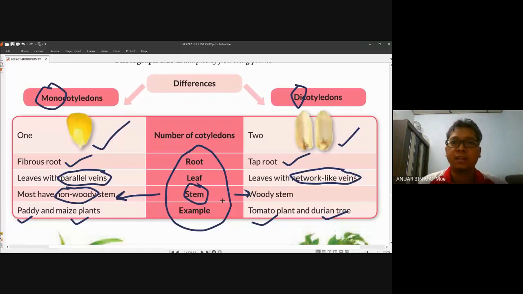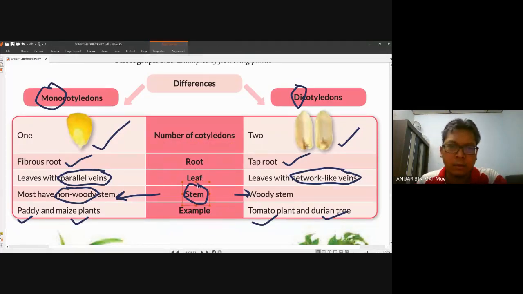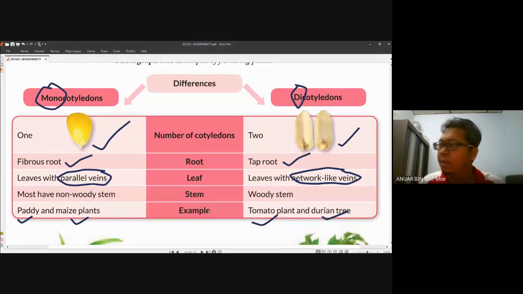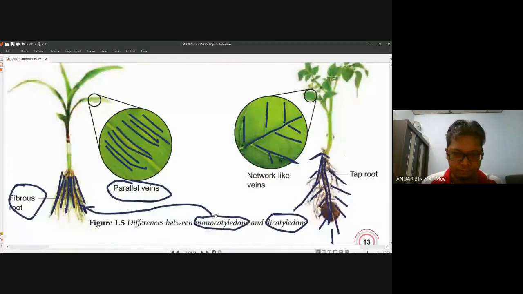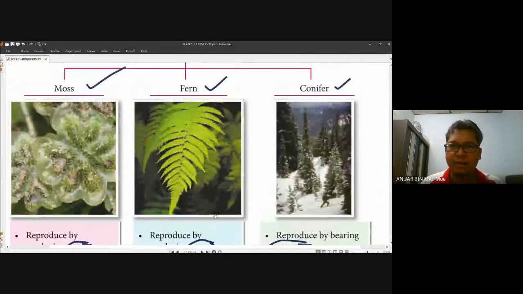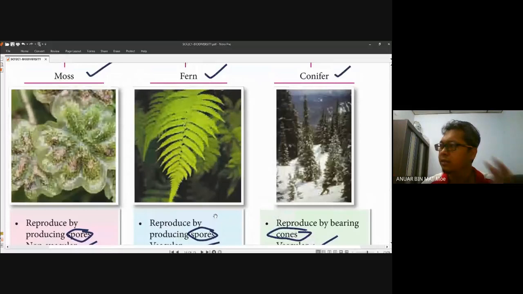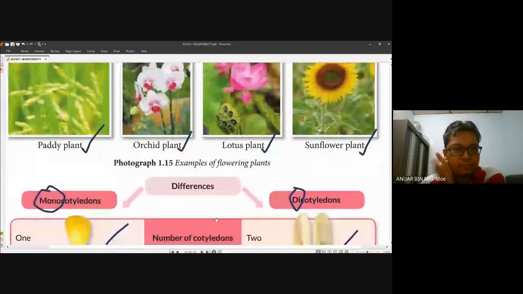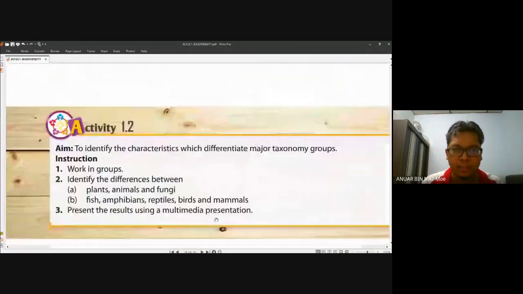And then what are the differences? The number of cotyledon, the stem, the leaf, the root, and the example of the plant itself. All right. And for non-flowering plant, just this one only: moss, fern, and conifer here. Okay, good. So next one.